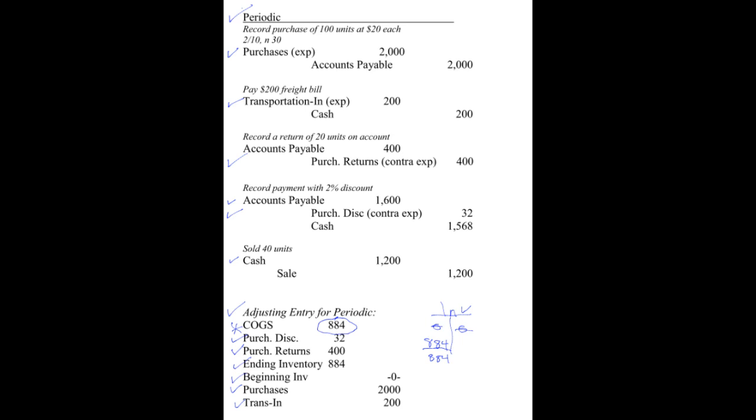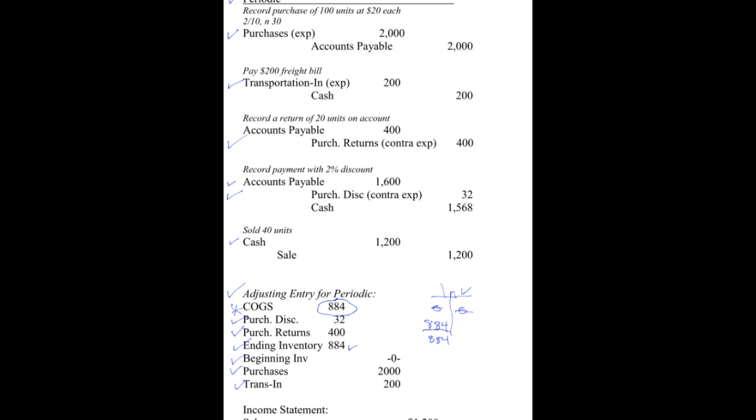It could go up if you've sold an amount that is different than you purchased. It could go down. It just depends on what happens. In our case, inventory went up, so we're actually recording a debit here that makes cost of goods sold smaller because we've dedicated some of that money to setting up ending inventory. So this final adjusting entry then is what brings the periodic system into balance at the end of the period.